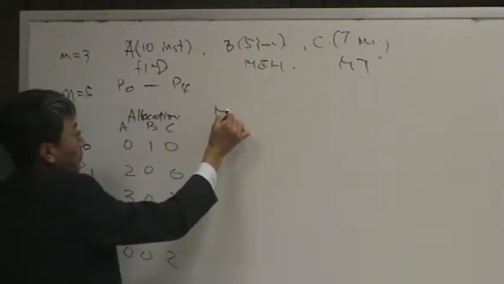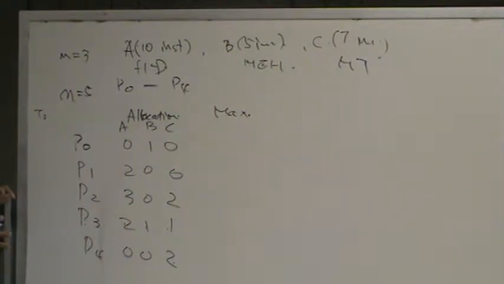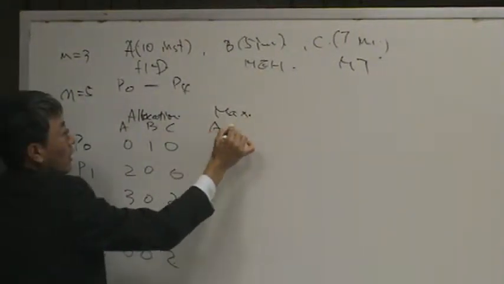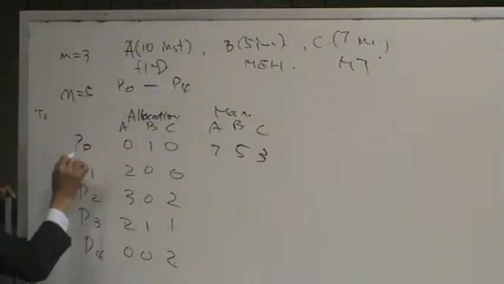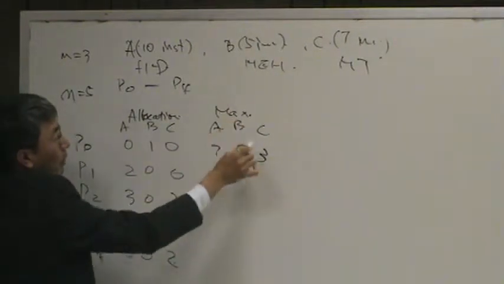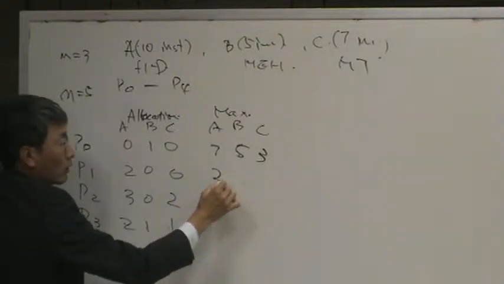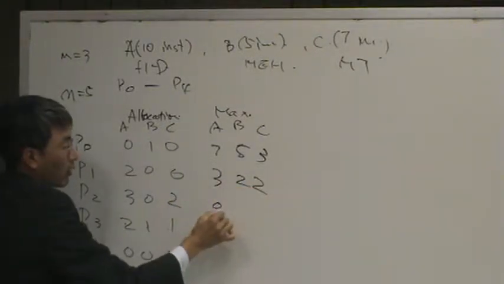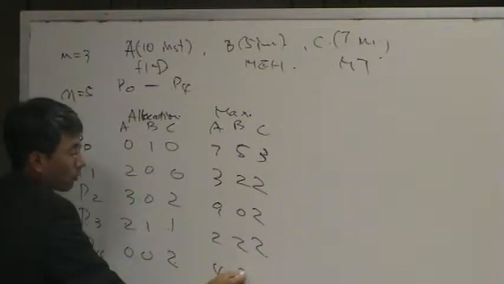Also Maximum: what each process needs to be completed and terminated. For example, P0 needs a total of 7 hard disk drives, 5 memory, and 3 magnetic tapes. Similarly 3, 2, 2, then 9, 0, 2, then 2, 2, 2, and 4, 3, 3.